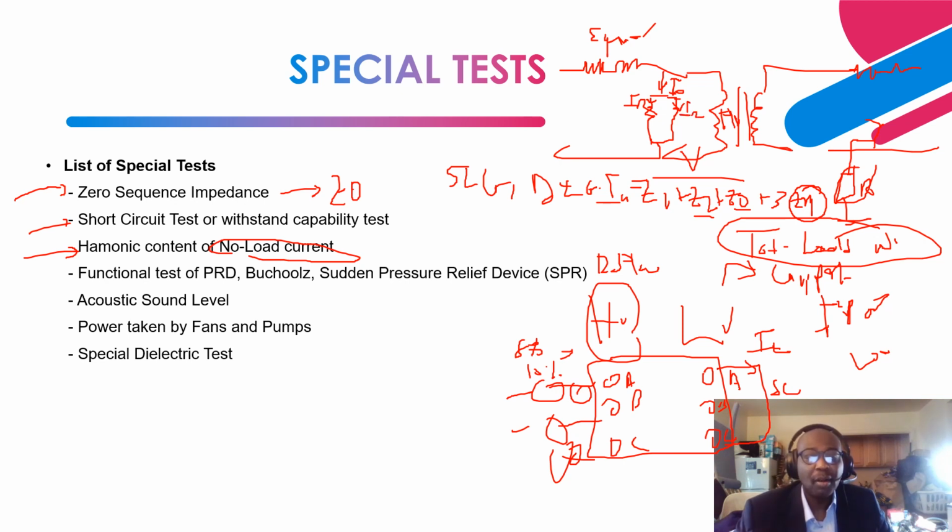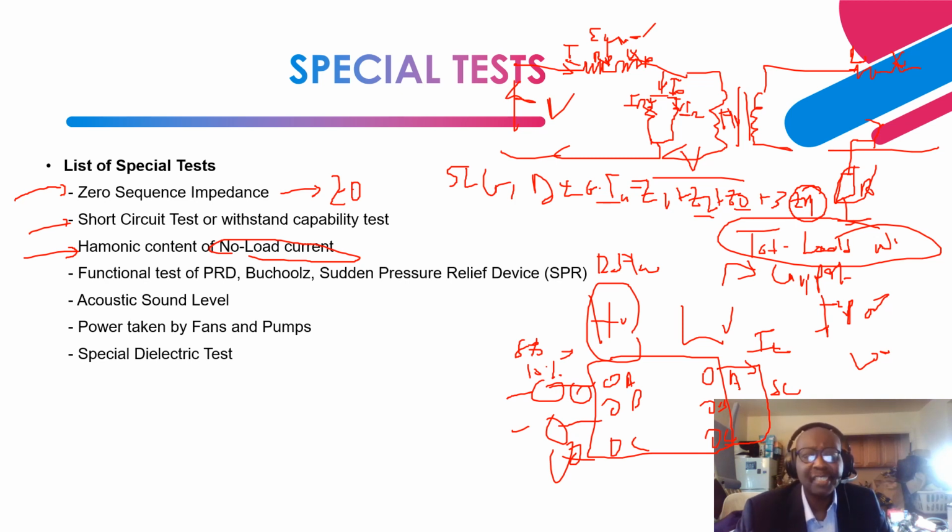You have a current flowing here, you have a resistor, you have a reactance or an inductor here. This is the primary side resistor, and this is the secondary side resistor, then secondary side reactance. You have a voltage that has been applied over here.